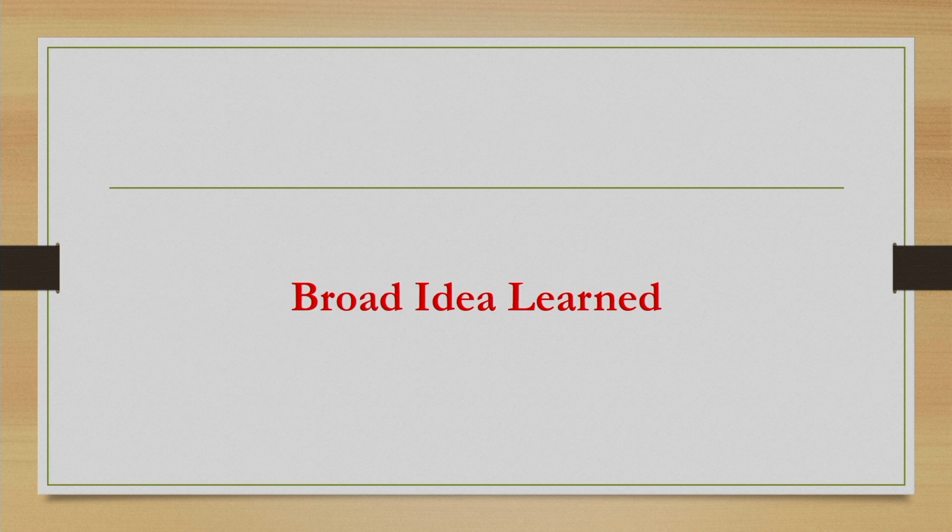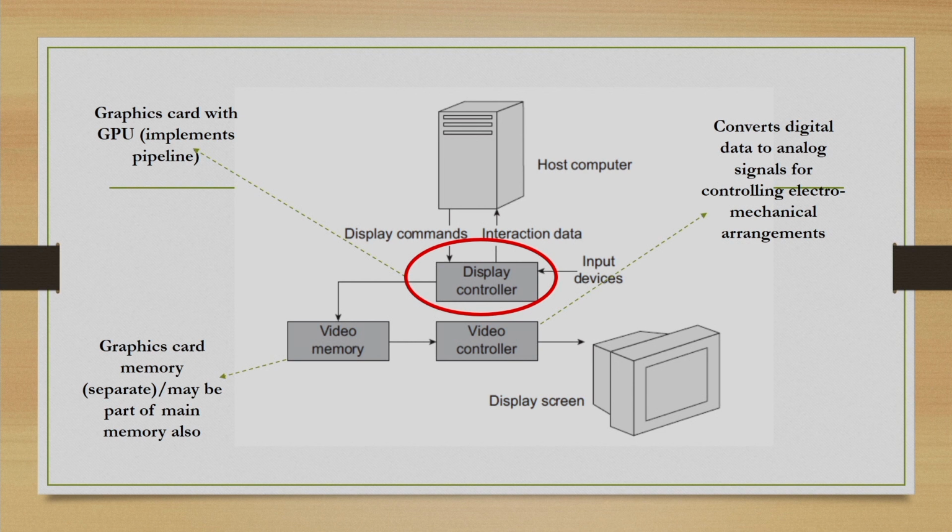Now, let us see how we have learned the broad idea and what are the things that we have learned. To start with, we learned about a very generic graphics architecture to understand the image synthesis process.